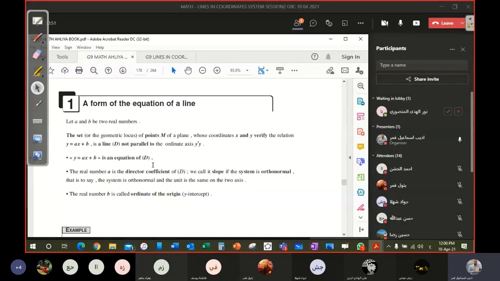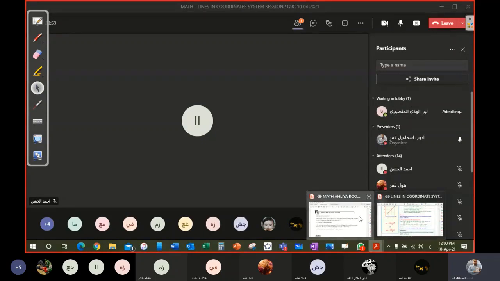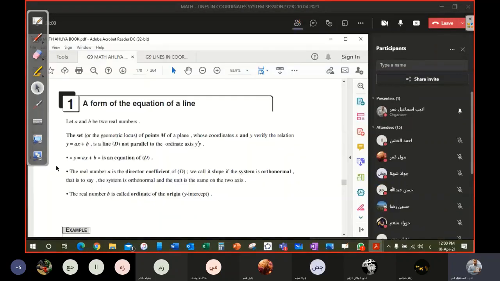Y equal ax plus b is an equation of D. The first form, which is the form that we are going to work with, is y equal ax plus b.